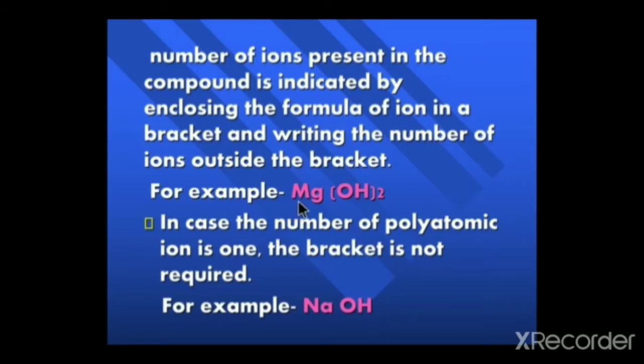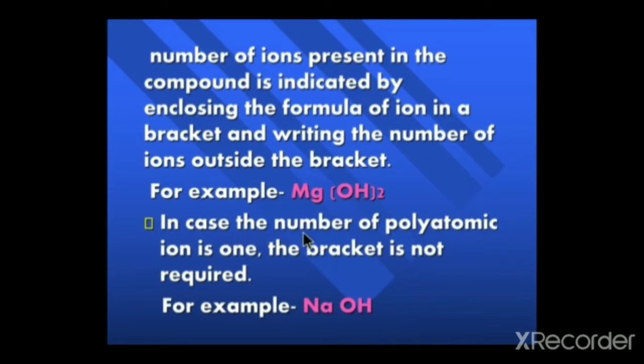For example, in case of magnesium hydroxide, the formula is Mg(OH)2. Here you can see I have enclosed it in a bracket. If I do not place the bracket, then it will show H2 only. But this number is with oxygen also, right? So we will put bracket here.